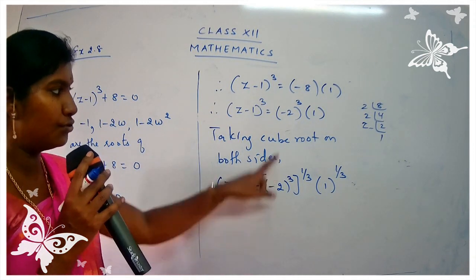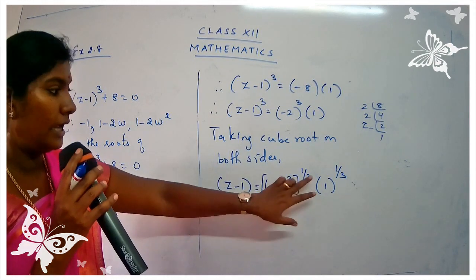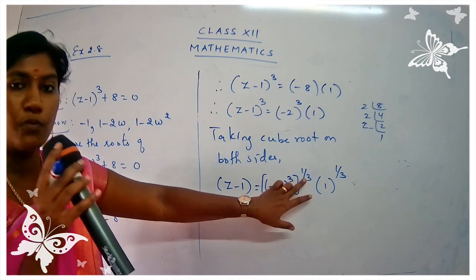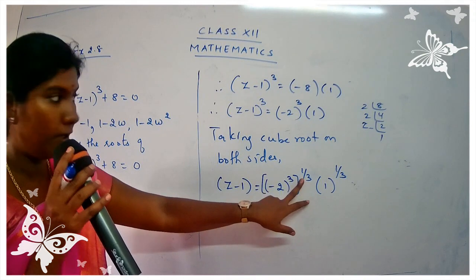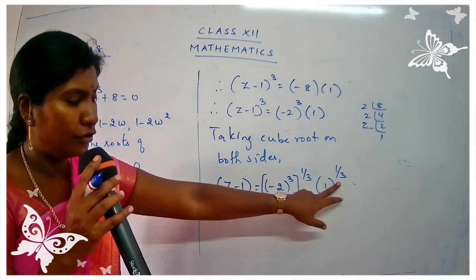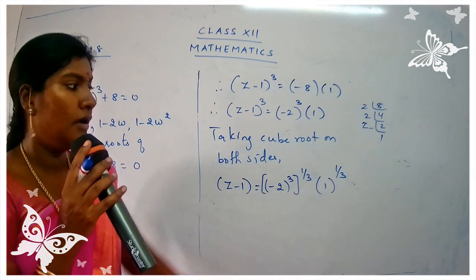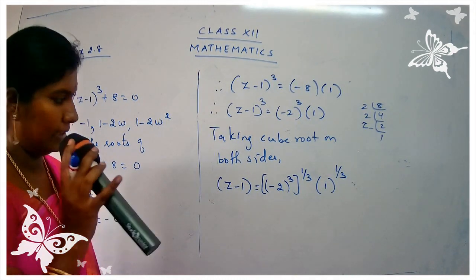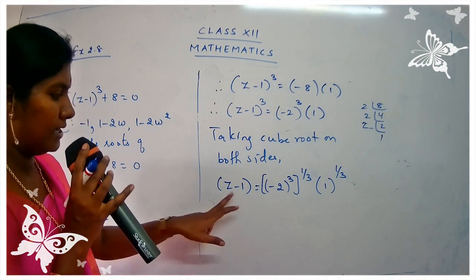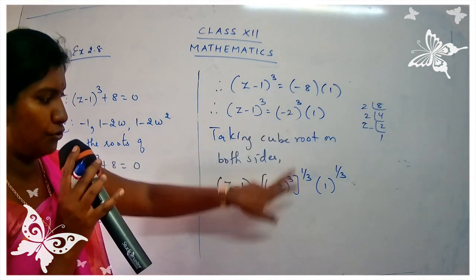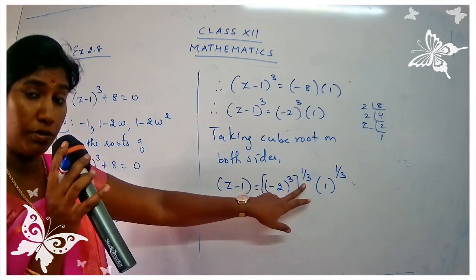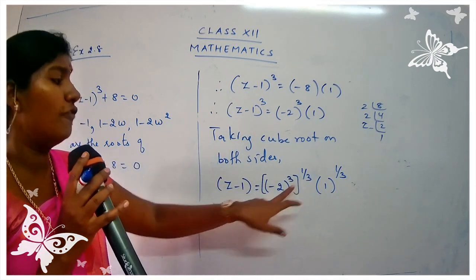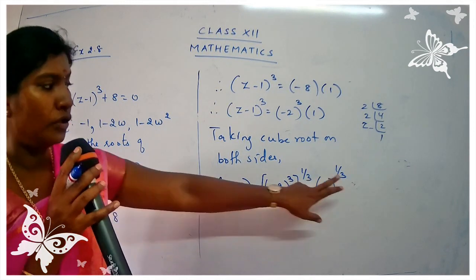So minus 2 cube already present, and the cube root is written as 1 by 3 in the form of power. And here also I'm going to write down cube root in the form of power. So I get 1 the whole raised to 1 by 3. Okay, children? Z minus 1 is equal to minus 2 cube root. That is, you can say cube root of minus 2 raised to 3, cube root of 1.